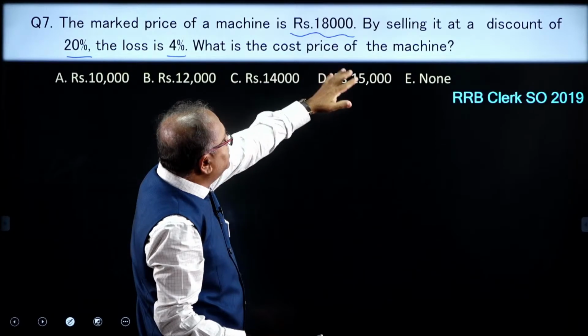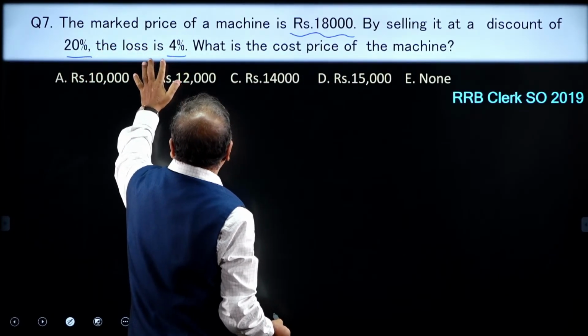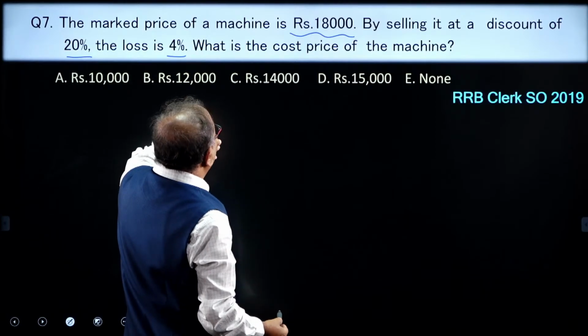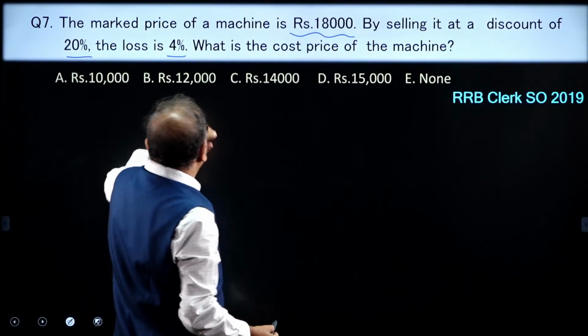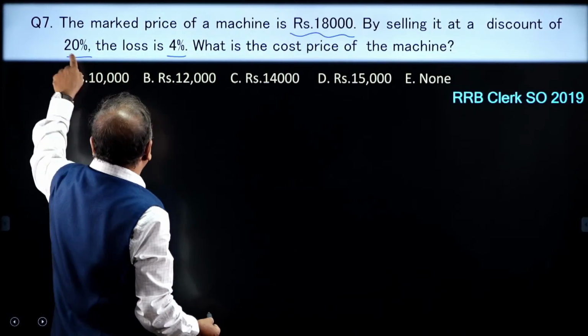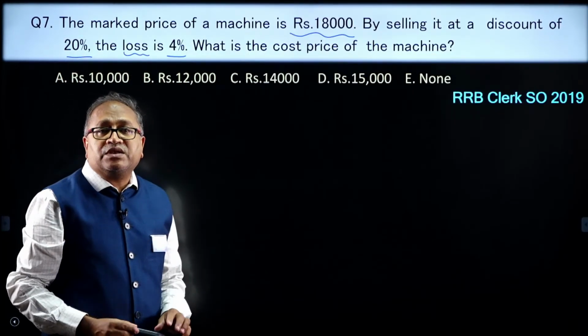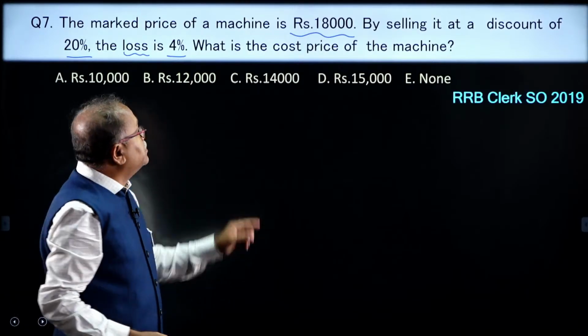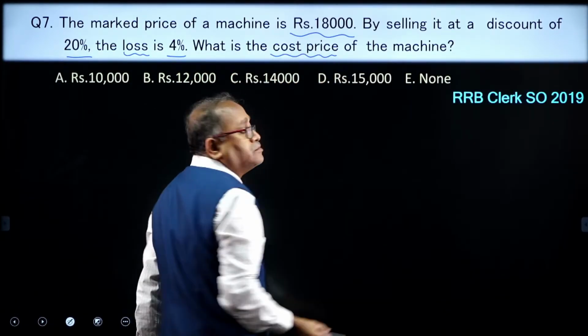By selling it at a discount of 20%, he incurs a loss of 4%. So, you are asked to find out the cost price.